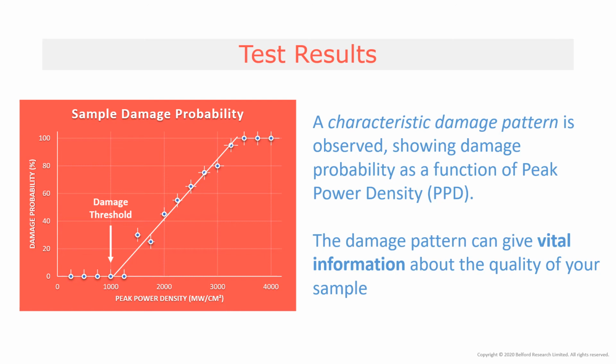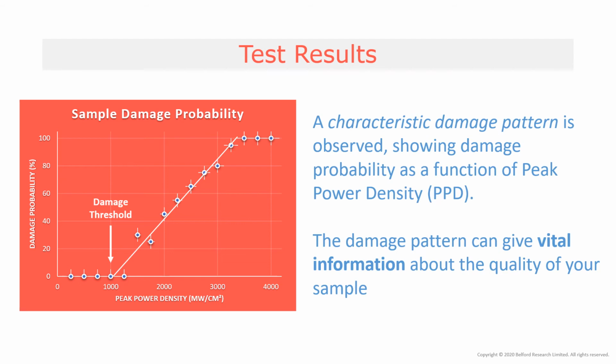But a graphical result will give far more diagnostic information. The damage pattern, slope, and pre-slope events give vital information about your coating quality. You can see here clearly marked the damage threshold, which is the highest power density that your sample can handle without damaging.